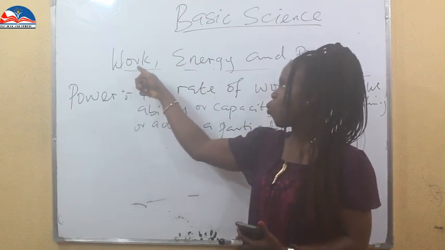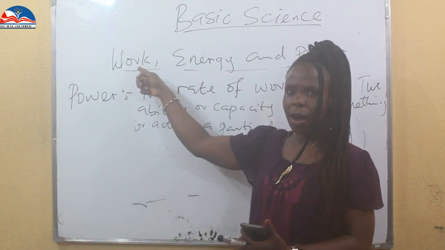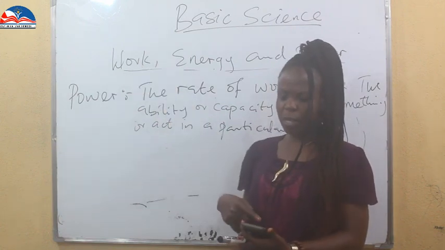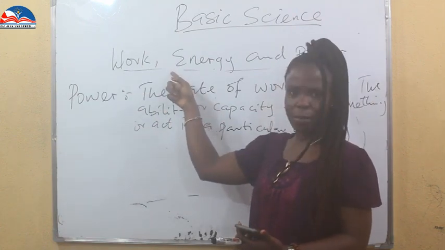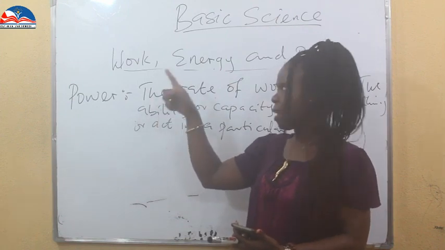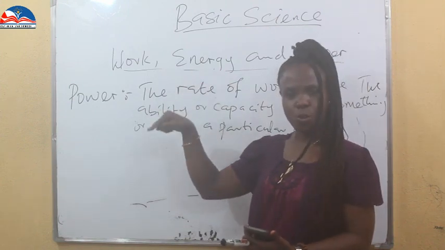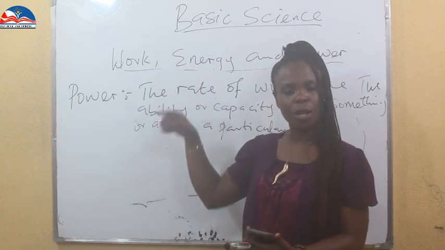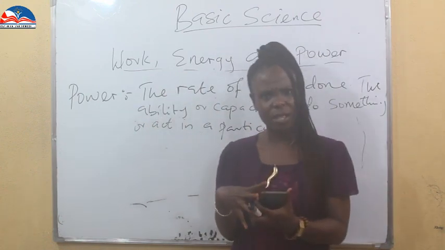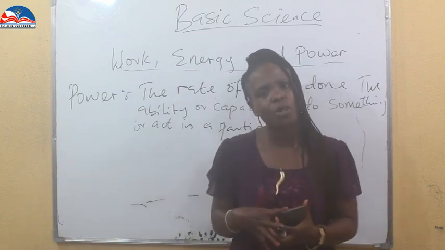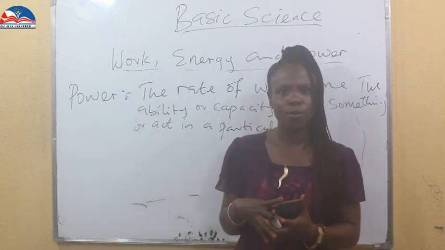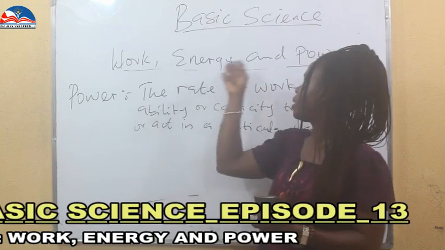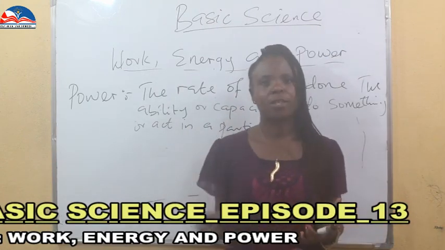If it is energy transferred by force, then energy is the ability to do work. And then power is the rate of work done. That means the 3 are interrelated. That means the 3 work together to achieve a purpose. Work, energy, power makes up a whole.